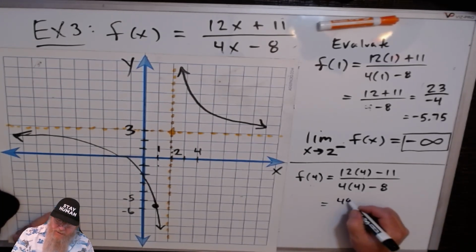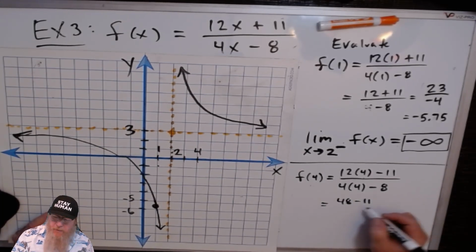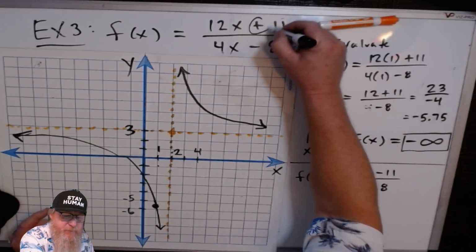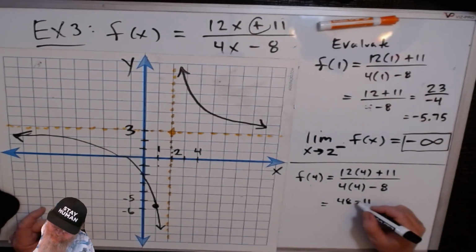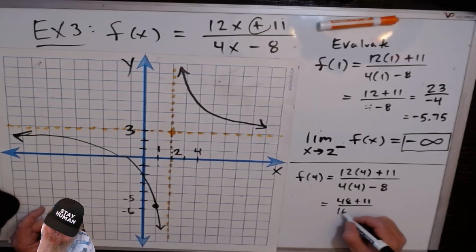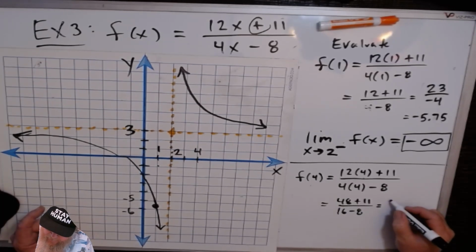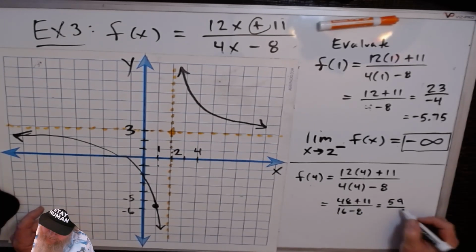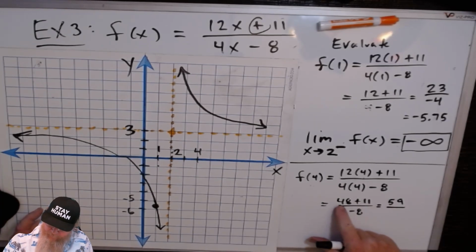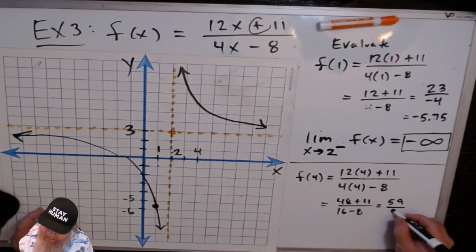So that's 48 plus 11. 16 minus 8. So that's 59 over 8.